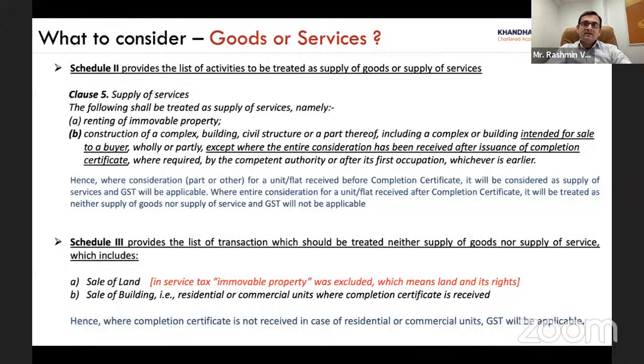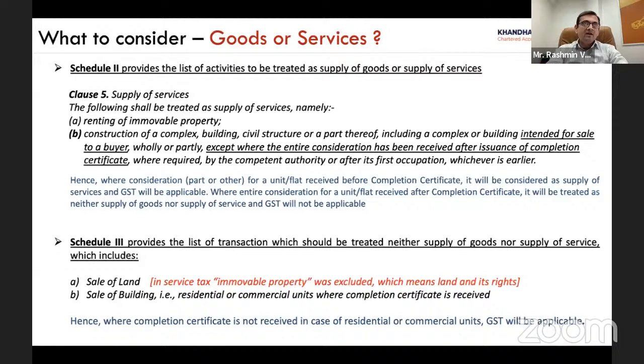So what does it say? If any commercial or residential unit is being constructed by a developer, and it is intended to be sold to a customer, and if any advances are received towards that particular unit or flat, then on the entire consideration agreed between the developer and the customer, GST will be applicable.